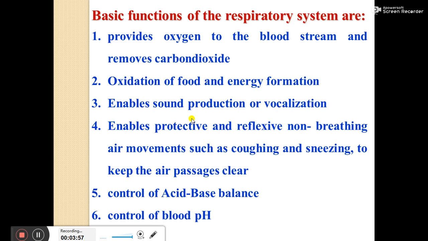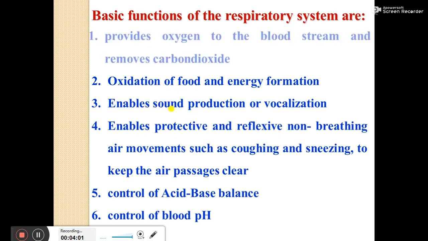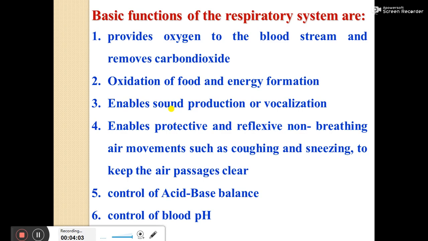Before moving on, we will see the basic functions of the respiratory system. First, it provides oxygen to the bloodstream and removes carbon dioxide. Next, oxidation of food and energy formation, which I have already explained. Next, it enables sound production or vocalization.